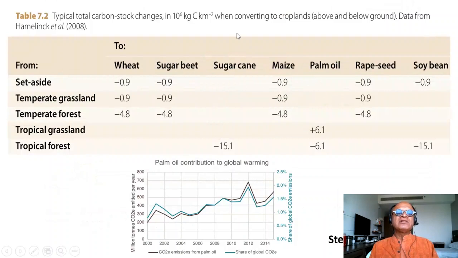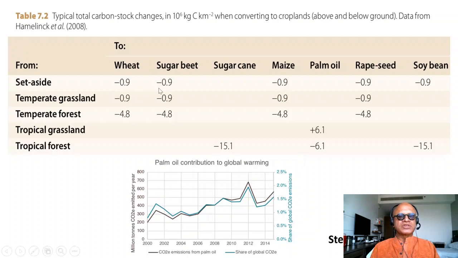Nonetheless, typical total carbon stock changes, in million kilograms carbon per kilometer squared, when converting to croplands, in terms of above and below ground carbon, from set-aside, temperate grasslands, temperate forests, tropical grasslands, and tropical forests. I already showed this, and you can see that there are really not many good news stories here.